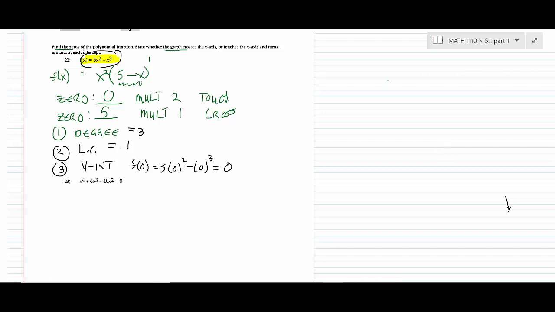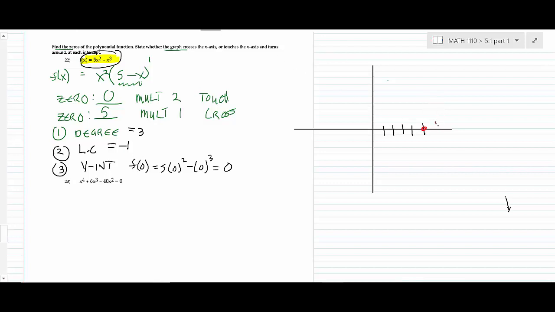Okay, so let's go ahead and put together a graph. Let's see if we can figure out how this thing's going to go. We just draw a graph. We have a 0 at 5 and a 0 at 0. I like to put a dot right on that x-intercept, T for touch, and let's see, nope, I'm wrong on that. 5 was the one that crossed.